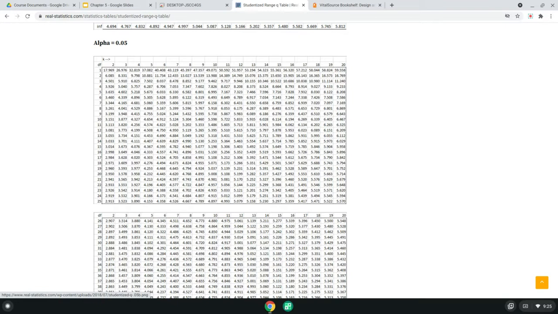Now, sometimes some Tukey tables may not have values defined at every degree of freedom, they may have like 25, 30, 35. So you may not find exact 27. If that is the case, then you should select the degrees of freedom less than what you have. That way you can have a more conservative test. But since I found a perfect 27 degrees of freedom here, my Q value is 3.506.